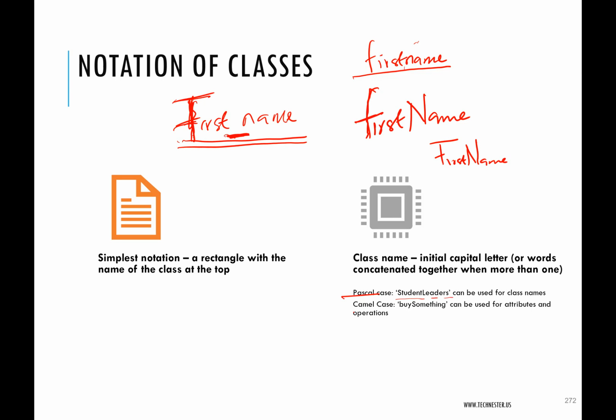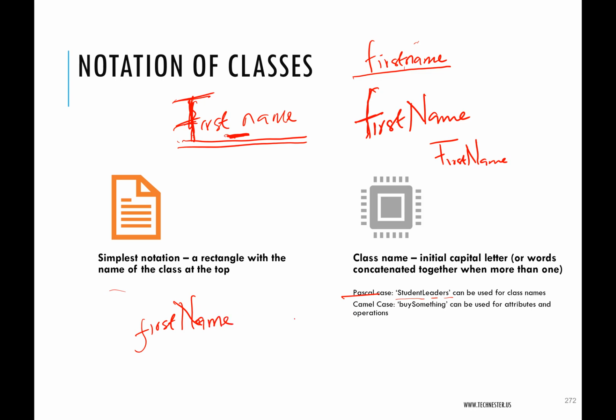Now, when you are writing the other parts of the class diagram, which will be maybe the attributes of the class or the methods, the operations that the class may perform, which you see on the next slide, you use what is called camel case. The rule for camel case is that the first letter should be lowercase. So it would be something like first, then the second word, or any other word, whose first letter you are joining should be uppercase.